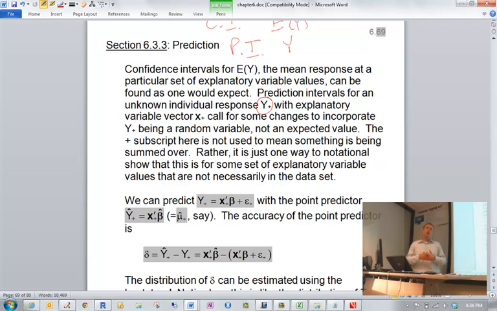Some books will say y sub nu, some books will say y sub h, just to differentiate it. Our book uses y sub plus. This is actually going to be unknown, because that's why we want to find a prediction interval for it. But what we do know is the corresponding x's, and we're going to put that in the vector called x plus.